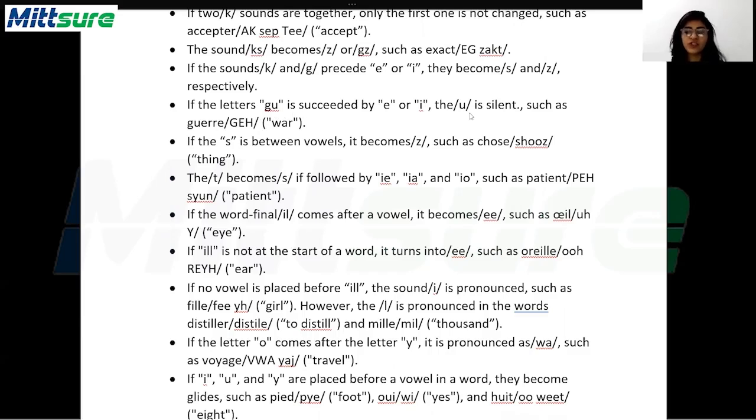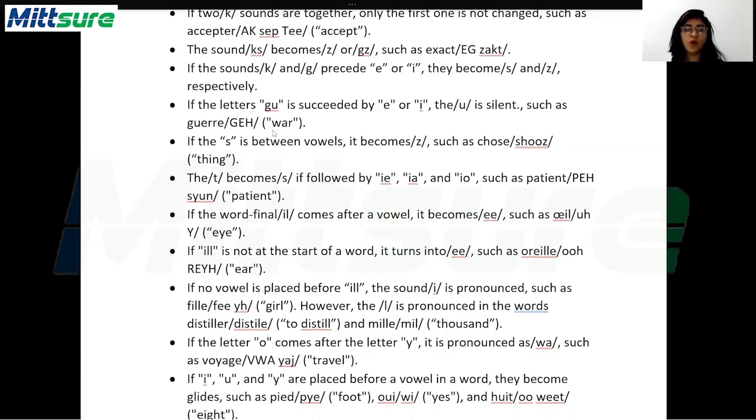So only the sound of G will be pronounced, U will be silent. In a word like G-U-E-R-R-E, in general, we would have read it as GUE, but it will become GE. Why? Because the sound of U is silent.